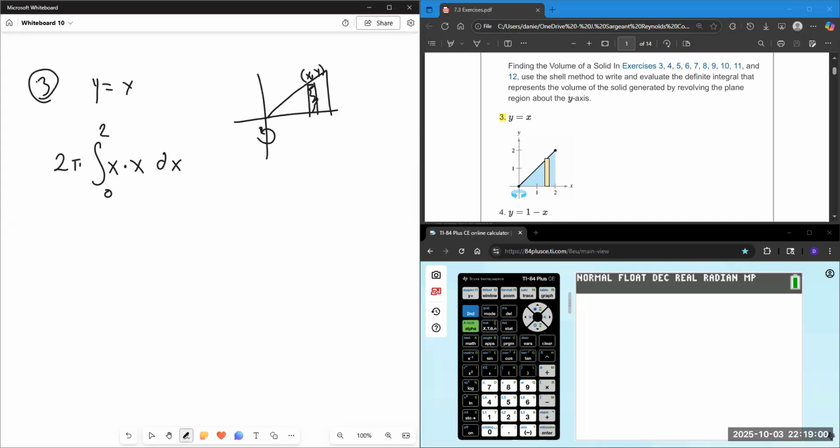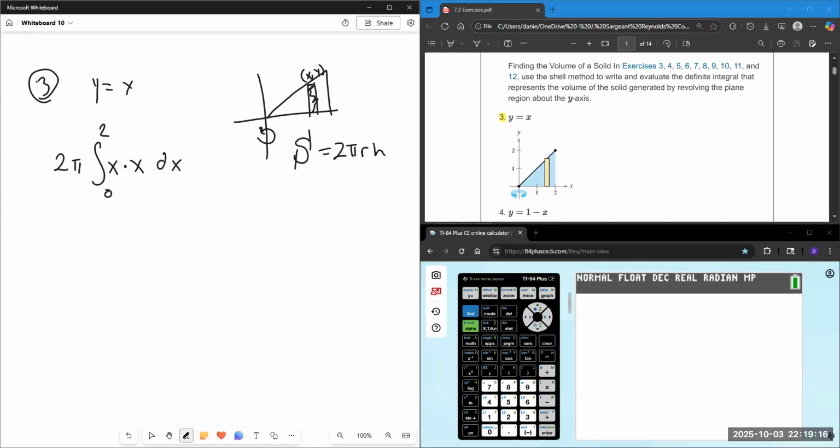We have a multiplier of 2 pi on the outside because this is based off of the surface area of a cylinder, which is 2 pi r h.